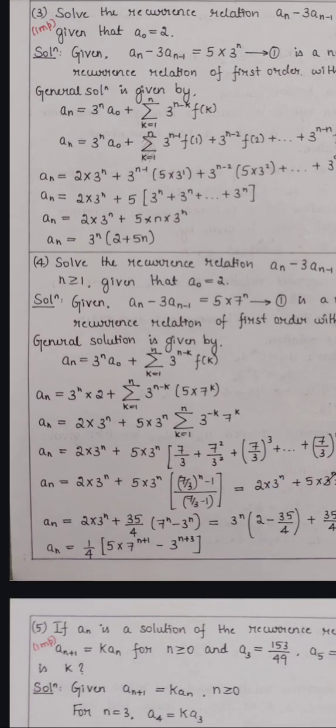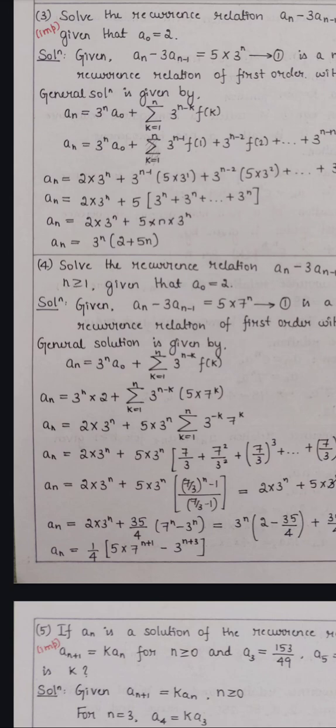a_n equals 3 power n into 2, which is already given, plus summation k equals 1 to n, 3 power n minus k into 5 into 7 power k. So a_n equals 2 into 3 power n plus 5 into 3 power n, summation k equals 1 to n, 3 power minus k, 7 power k.